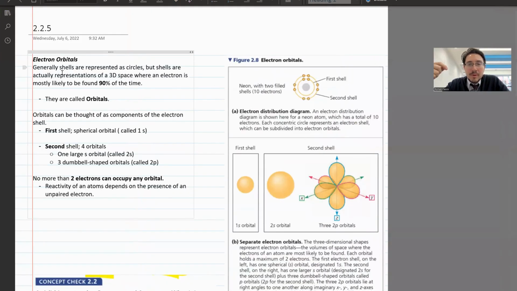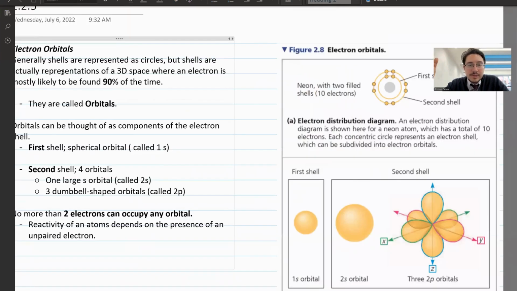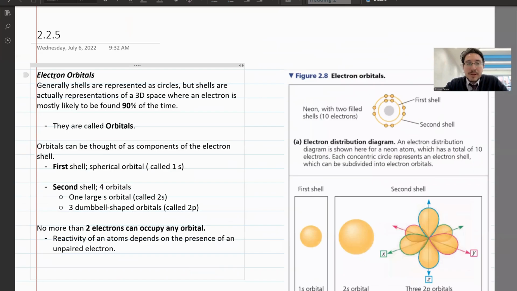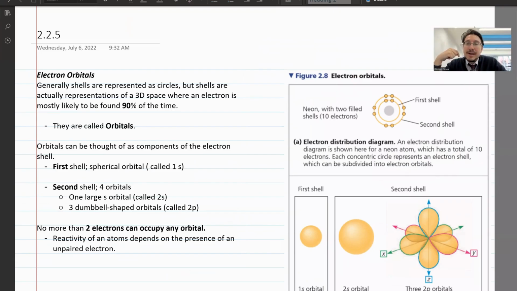All right. A little bit more on the configuration of electron shells. You have electron orbitals. As we see here in these models, electron shells are represented by these little circles. But a more accurate depiction of these electron shells is referred to as orbitals.